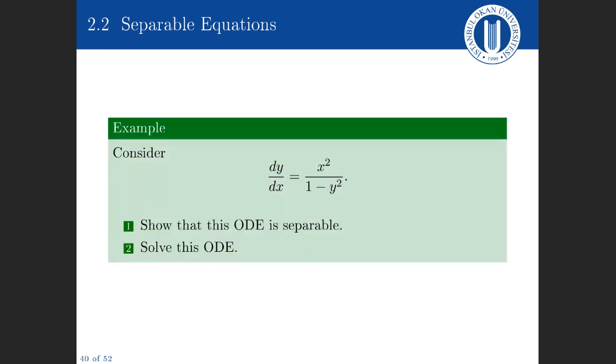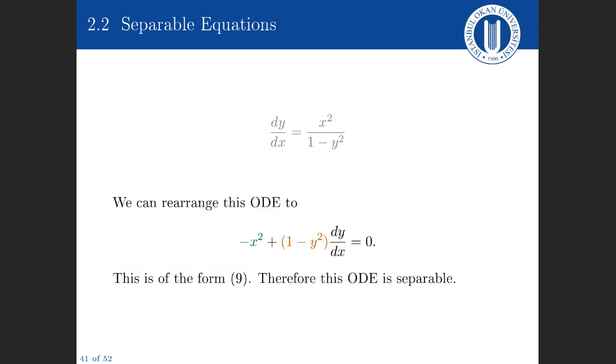For example, consider dy/dx is equal to x squared divided by 1 minus y squared. Show that this differential equation is separable and solve this differential equation. We can rearrange this equation to minus x squared plus 1 minus y squared dy/dx is equal to 0.